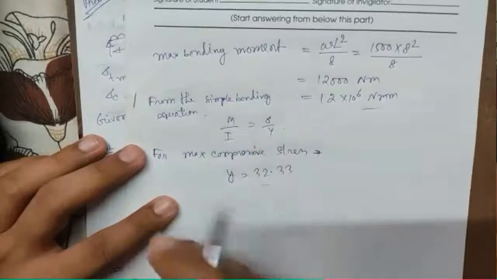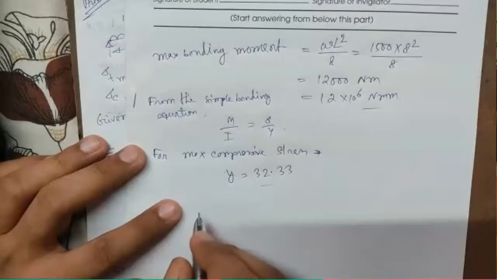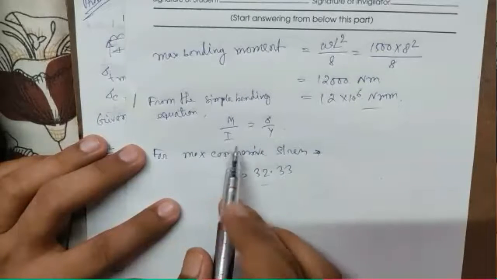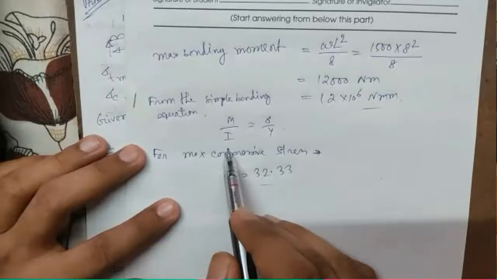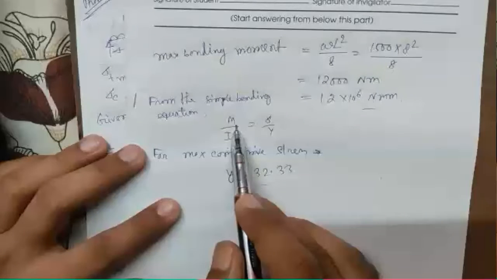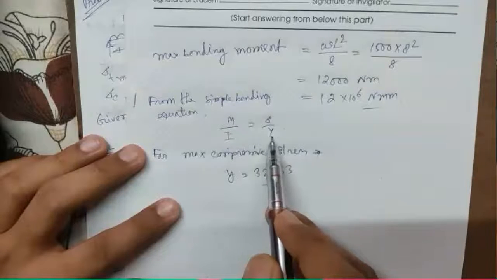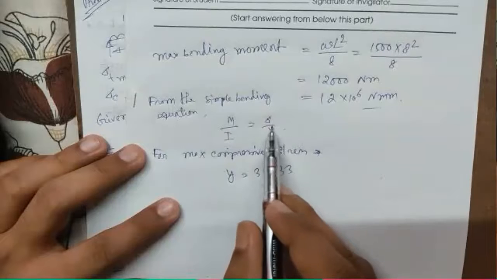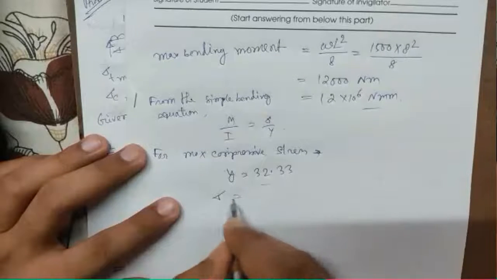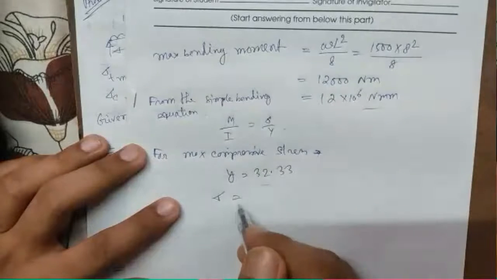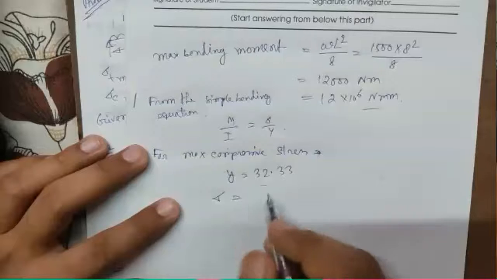So we will use this formula. We'll put the values, and I we have found out. We know the value of M. If we put the value of y equal to this, we get the maximum compressive stress due to bending. Let's put the values.